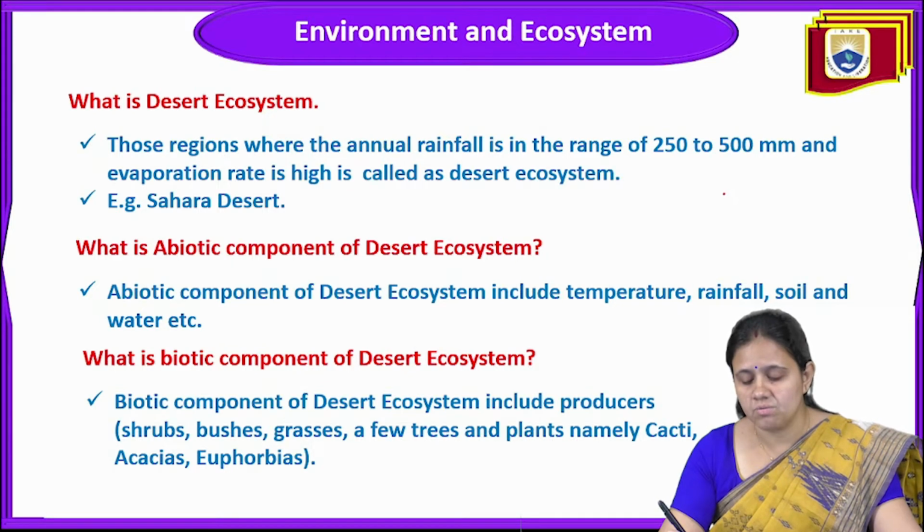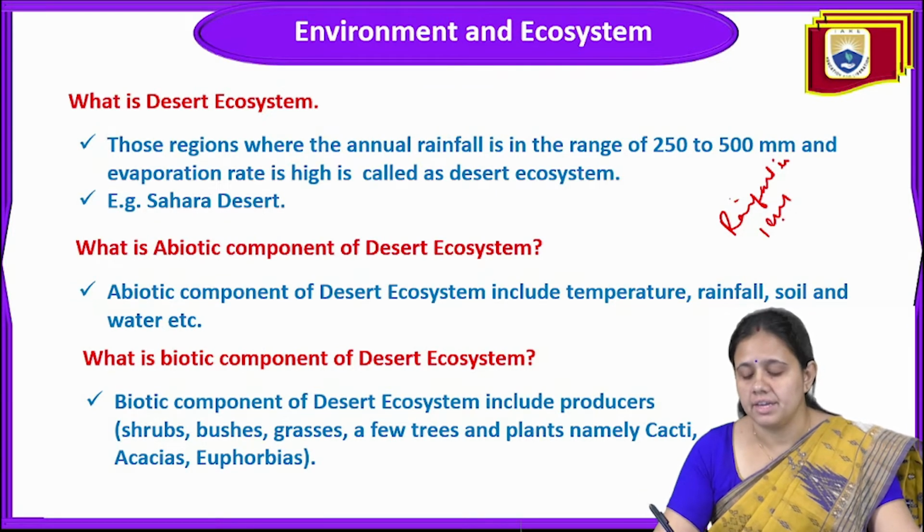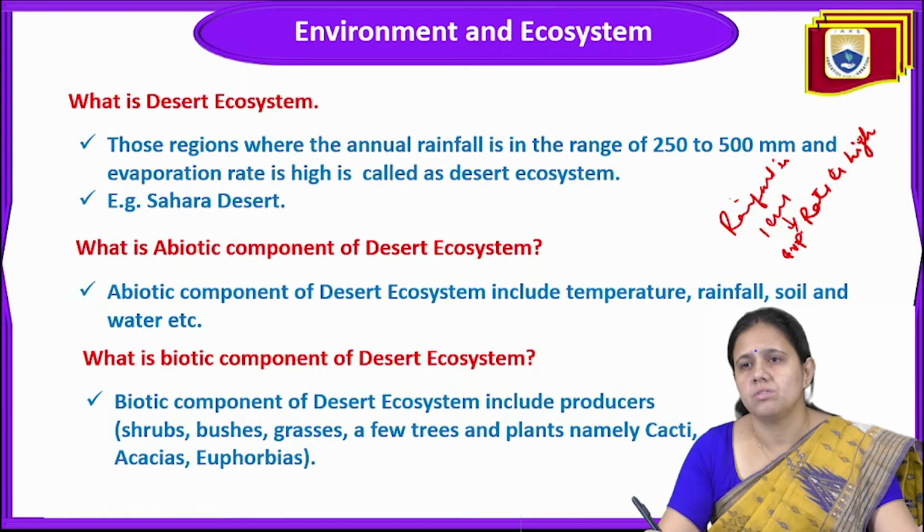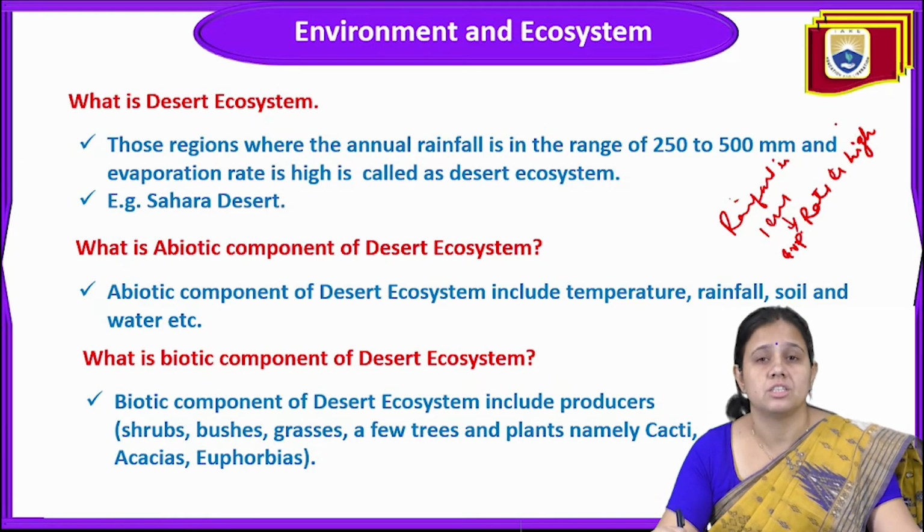Meaning an ecosystem where rainfall is very less and the evaporation rate is high. This kind of condition we can say is a desert ecosystem.